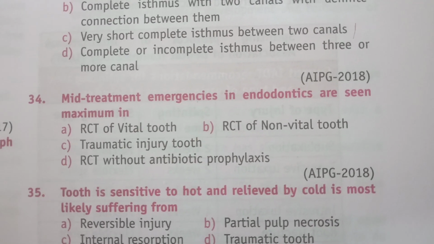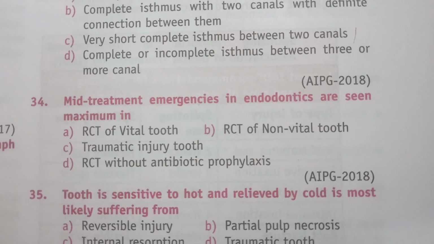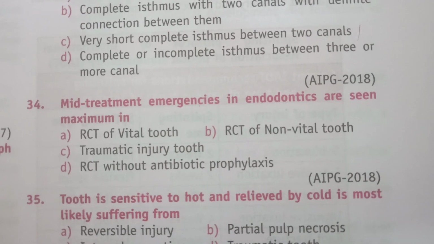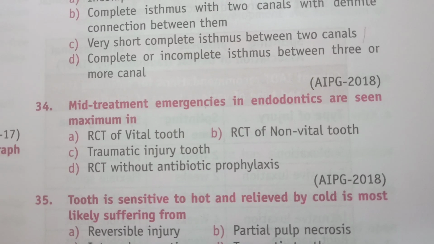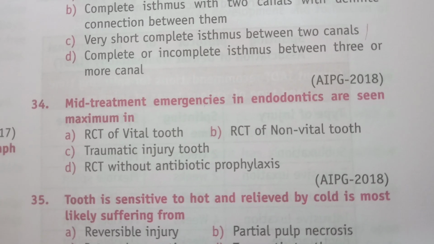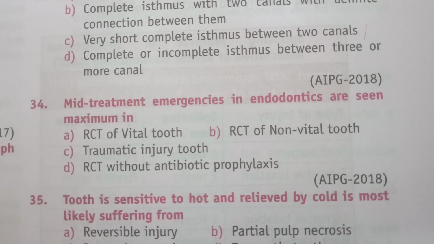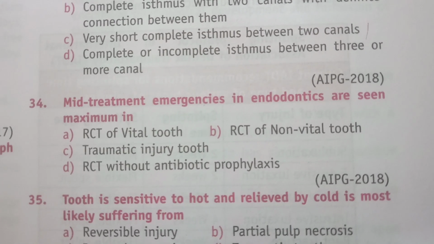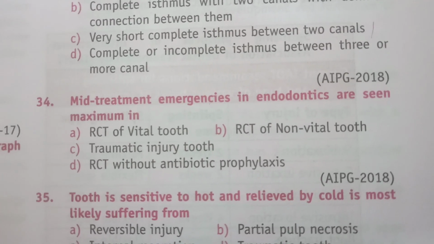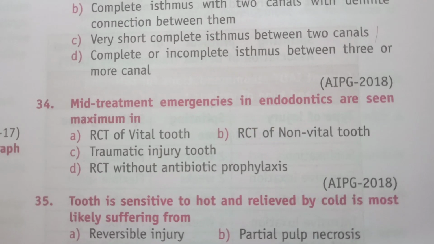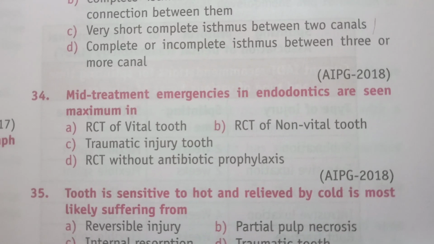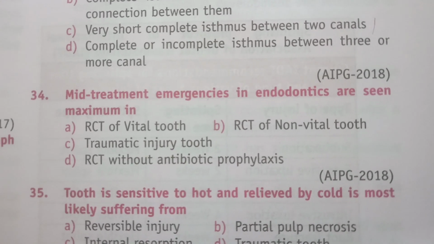Mid-treatment emergencies in endodontics are seen maximum in RCT of vital tooth, RCT of non-vital tooth, traumatic injury tooth, RCT without antibiotic prophylaxis. The question is talking about flare-up. The answer is B, in my opinion. Yes, answer is B, RCT of non-vital tooth. Often we see that there are flare-ups.